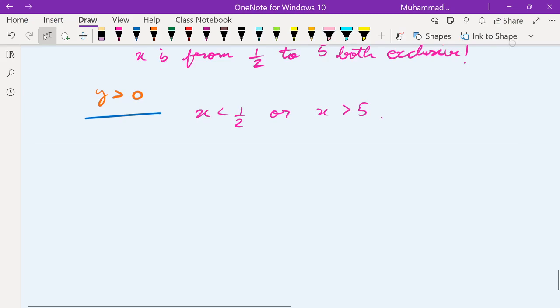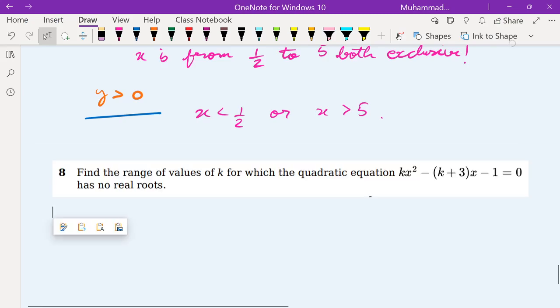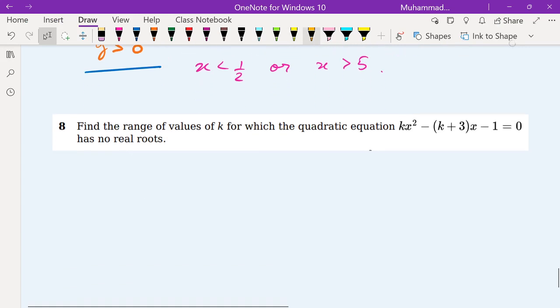If they tell you that this particular quadratic equation has no real roots, that means its discriminant is negative, less than 0. So that's what you have to do.